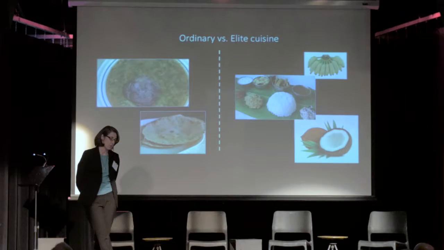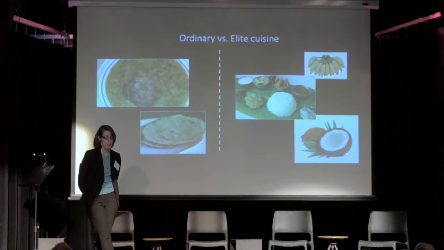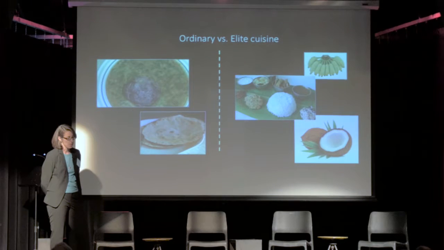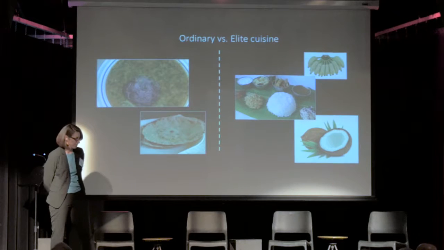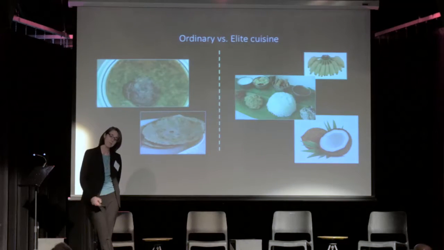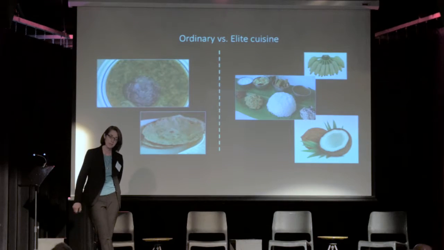There's none of the extras, the coconut, the banana, all of these irrigated crops. No bananas at all, in fact, either as a plate or on the plate. So we see a very different way of life and very different modalities of consumption, just to refer back to Joshua's talk in a minute.